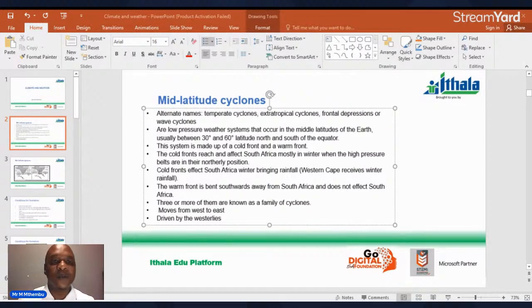So if you uzoyidweba in terms of isobars, then isobars akho abezoba far apart. So ngala cold front isobars aba close together, which indicates the wind speed is greater as compared to the warm front.